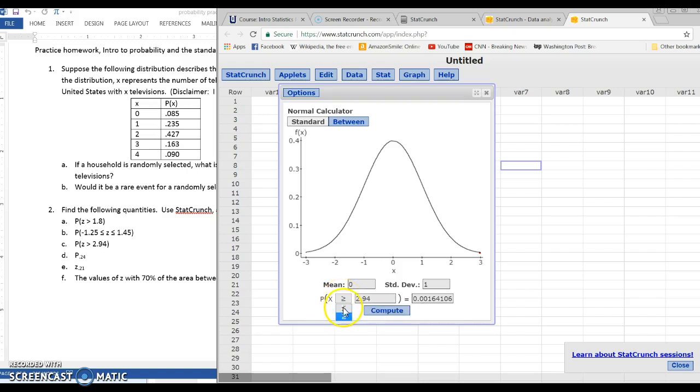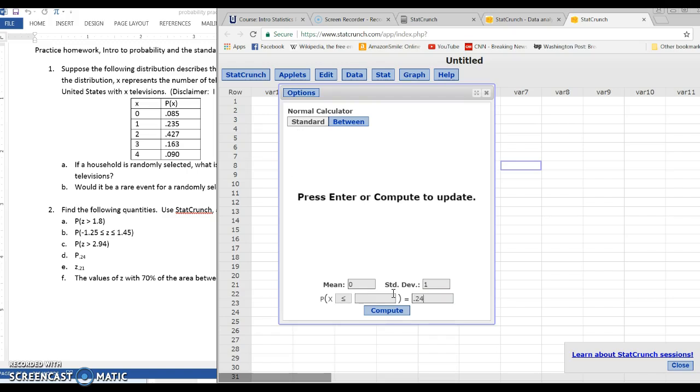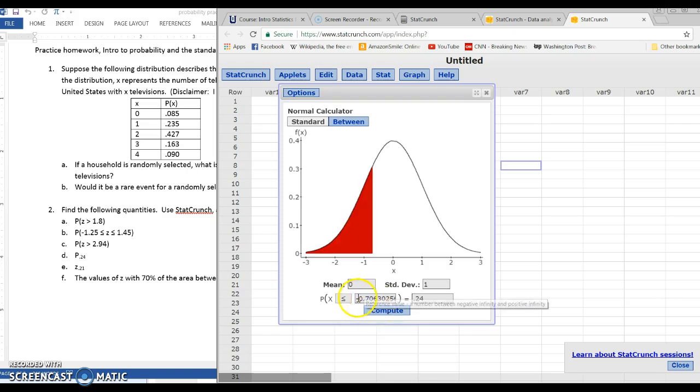So we're going to change this to less than, and we're looking for the z where there's 0.24 less than. So we type 0.24 in for the answer, and what we're looking for is this value in here. So we hit compute, and the answer is negative 0.7063. So that's the value of z down here, where this is 24% of the area.